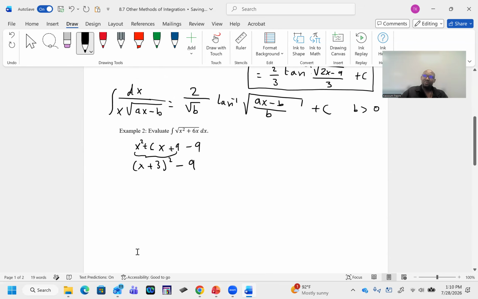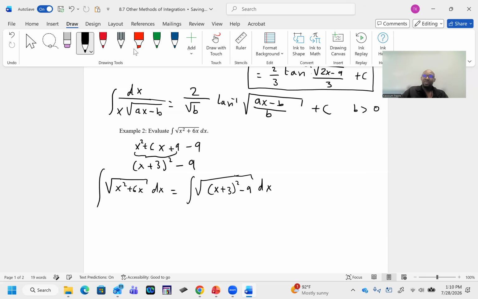So that means if I'm asked to find the integral of square root of x squared plus 6x dx, it will be the same thing as finding the integral of square root of (x plus 3) squared minus 9 dx. So I can use my substitution. Now I will just say let u be equal to x plus 3, right? Then du will be equal to dx.